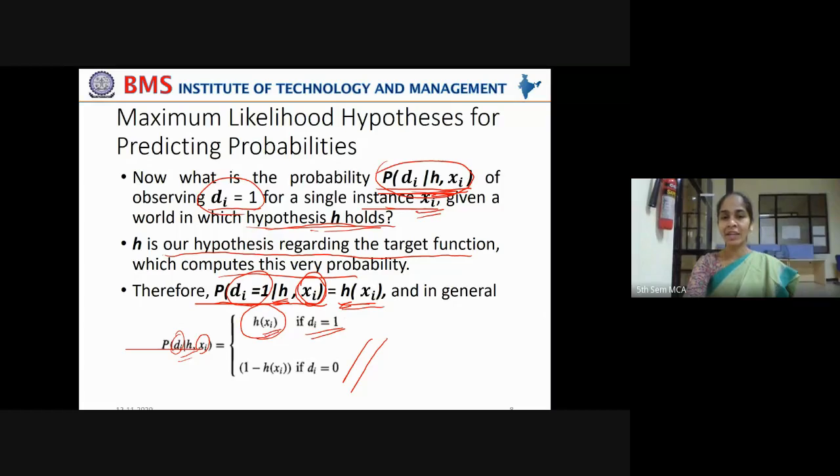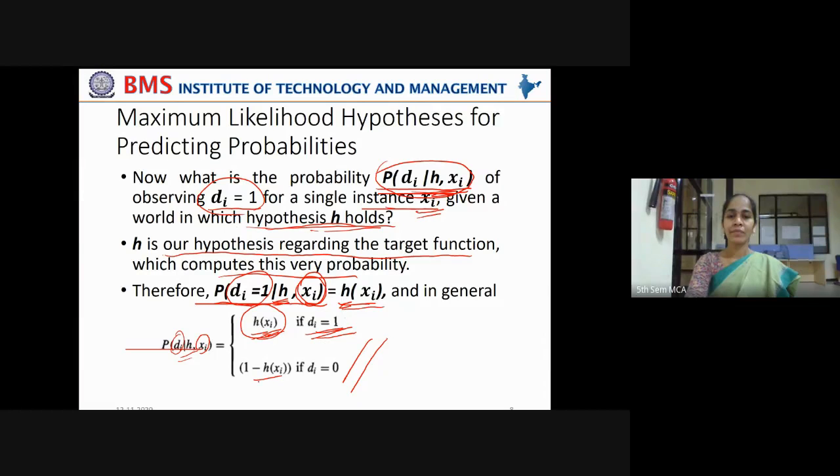This xi training instance is according to the hypothesis statement if di equal to 1. Correct? The patient xi is surviving, meaning the outcome is equal to 1, meaning this patient is in accordance with the hypothesis made. That is why we write h of xi if the outcome is 1, if the patient is surviving.